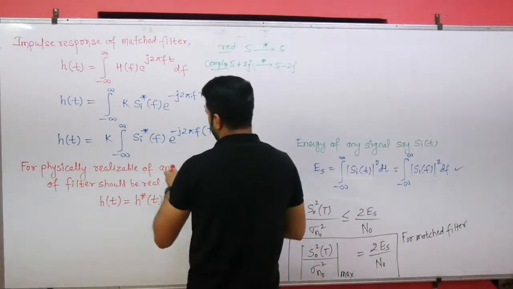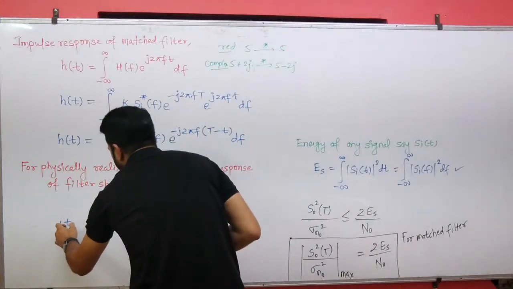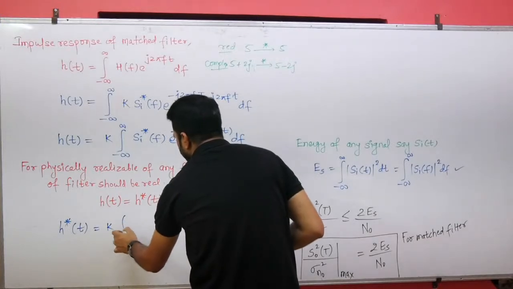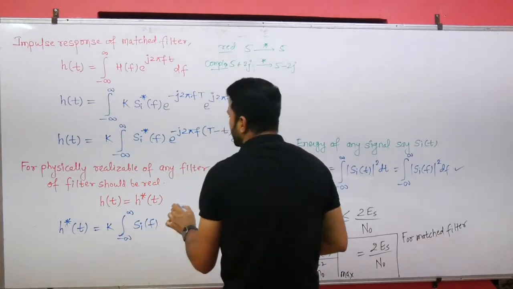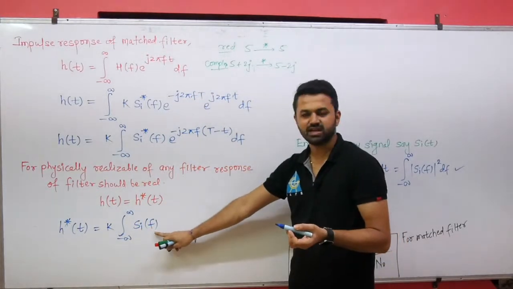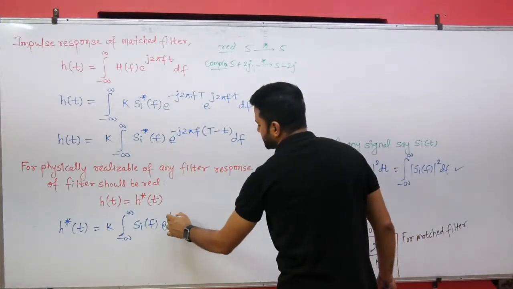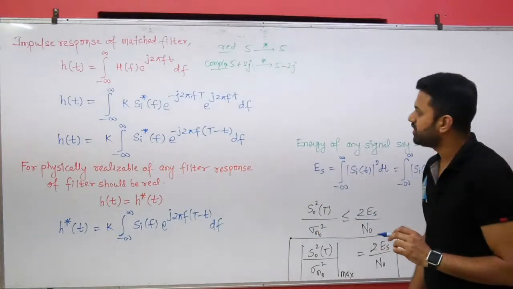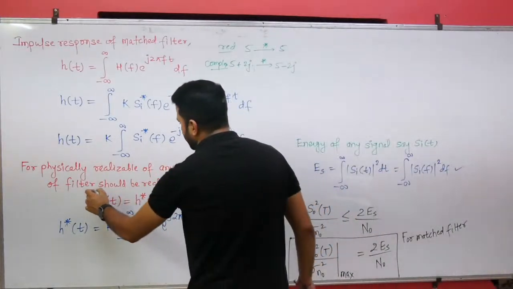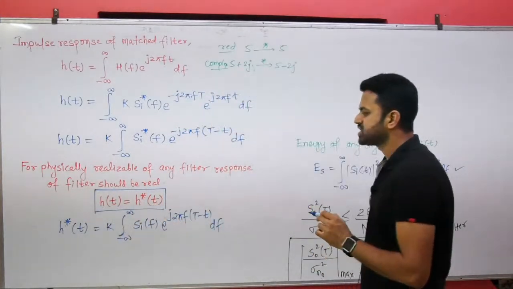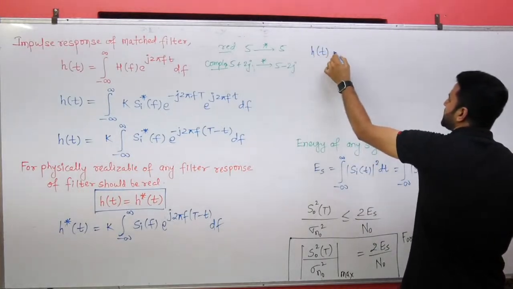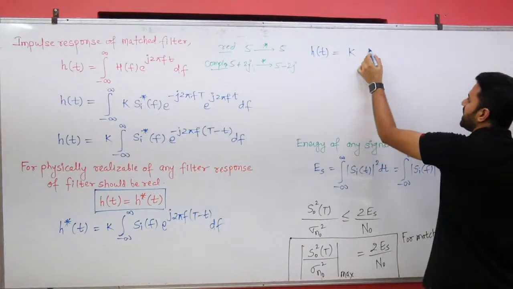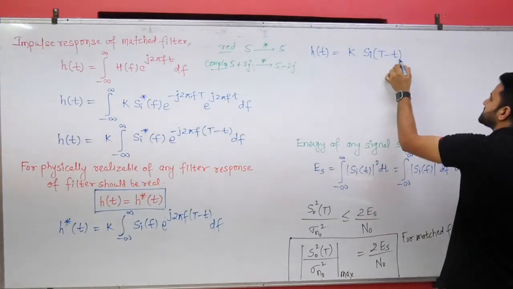If I take the complex conjugate on both sides, the complex conjugate of h of t gives k times the integral from minus infinity to infinity of Si of f, and the complex conjugate of the exponential is e to the power j 2 pi f (capital T minus small t) df. Because for a physically realizable filter, h of t and its complex conjugate are equal, the left hand side will become h of t again, and k times this formula is Si of (capital T minus small t).